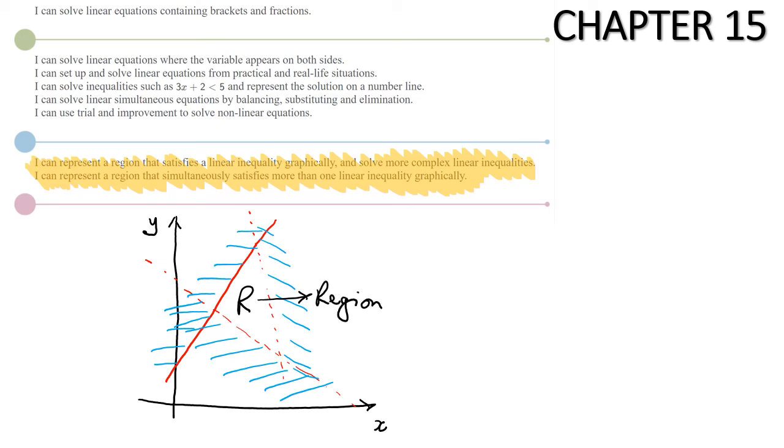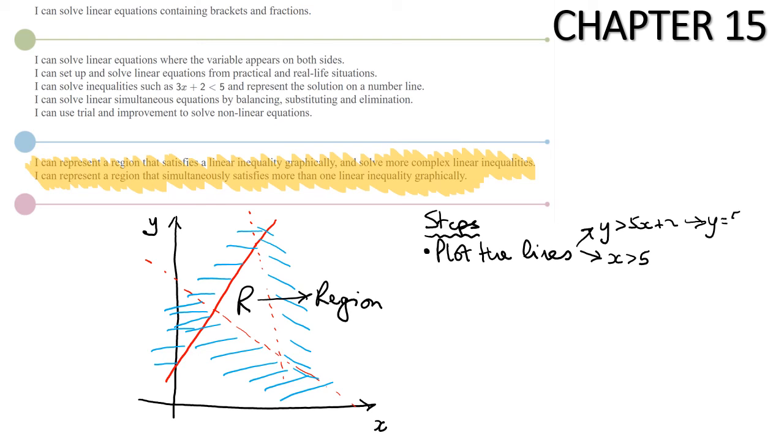So how do we do all of this? Well, here are the steps. The first thing, we need to plot the lines. Now you're going to have things like y is greater than 5x plus 2, or x is greater than 5. The first thing you do is you make it equal to 5, like this.